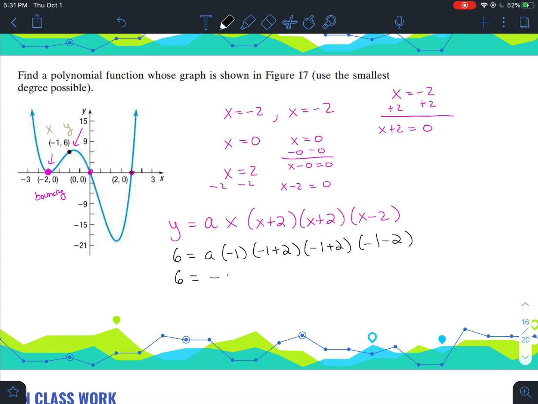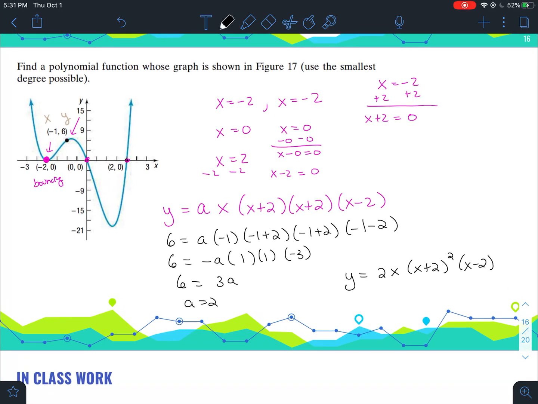So 6 equals negative a times 1 times negative 3, so 6 equals 3a. So a could be 2. Our polynomial function could be y equals 2 times x plus 2 squared times x minus 2. That could be a polynomial function that matches the graph.